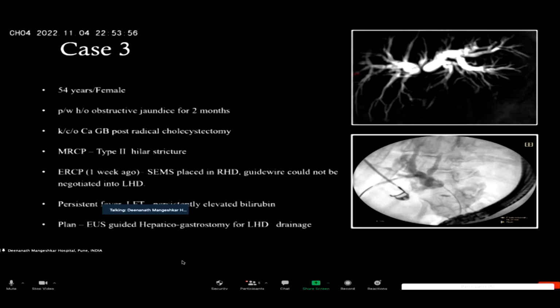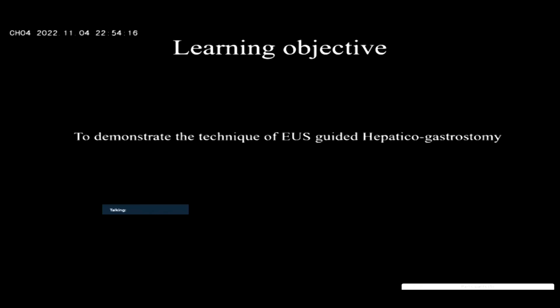ERCP was done 1 week ago, and a biliary SEMS was placed in the right hepatic duct. Guide wire could not be negotiated into the left hepatic duct. She persisted to have fever, and repeat LFT showed persistently elevated bilirubin. So the plan now is to do an EUS guided hepaticogastrostomy for left hepatic duct drainage. That is the learning objective of this procedure.